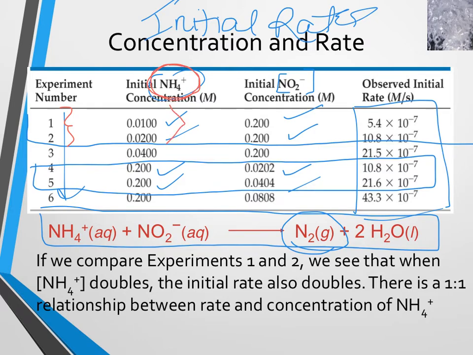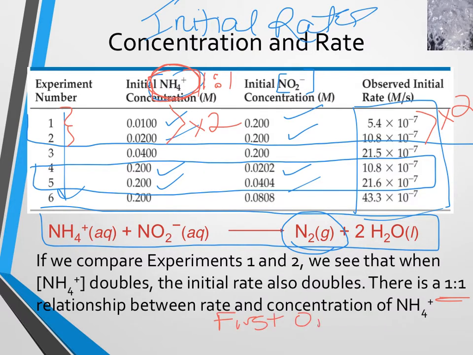If we double the concentration of the ammonium ion, what happens to the rate? The rate doubles also. What does that mean? That means there is a 1-to-1 correlation between the ammonium concentration and the rate of reaction. Whenever you see a 1-to-1 relationship, that means first order.